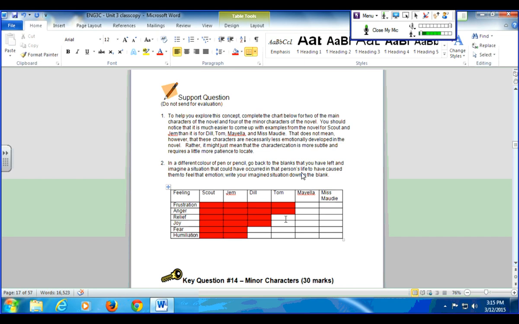We've never seen him express relief because he is on trial for rape. So we can't shade that one. There's not a lot of joy with that as well. We have seen him fearful, though, when the mob goes outside the jail to try and get him. And that happens back in chapter 13.